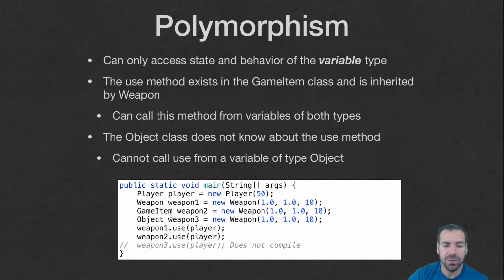But I still can't call use from weapon 3 of type object, because object doesn't know about this use method that takes a reference to a player. Can't call it. Doesn't compile. So what we're allowed to access is determined by the type of the variable.